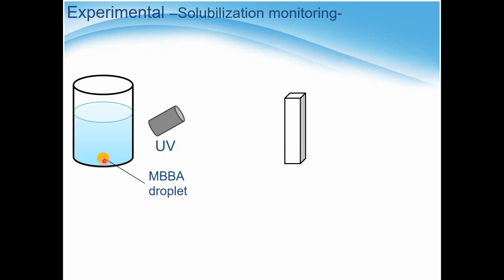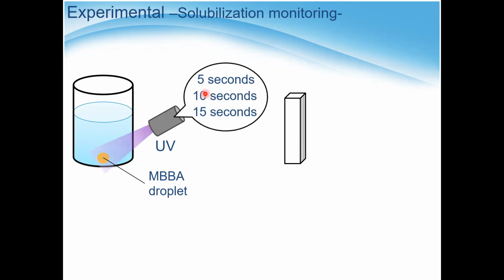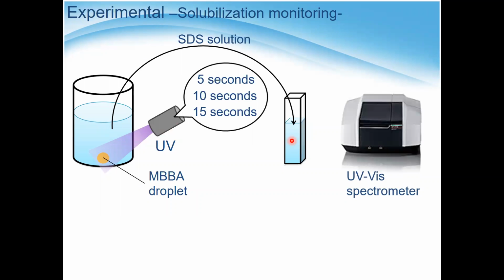So what we did is we put an MBBA droplet inside the solution and illuminated the UV light, and every 5 seconds we picked up the outer solution into the cuvette and measured the absorption spectrum.